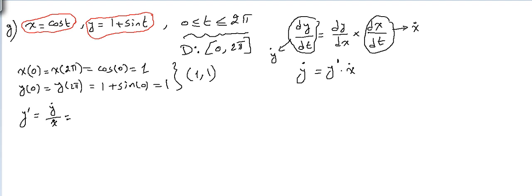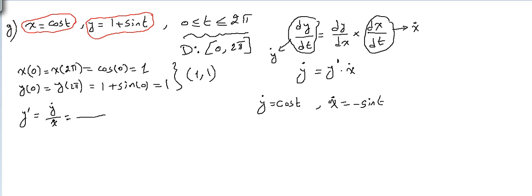So what is y dot first? Y dot is the derivative of y in terms of parameter t, so it's the derivative of 1 plus sine t. Derivative of 1 is 0, derivative of sine t is cosine t. And what is x dot? X dot, derivative of x with respect to parameter t, derivative of cosine t is minus sine t.